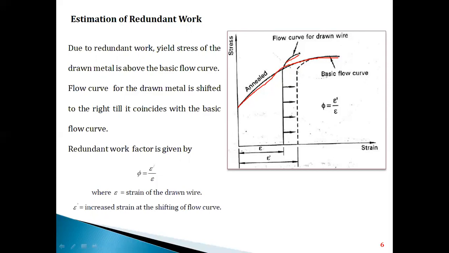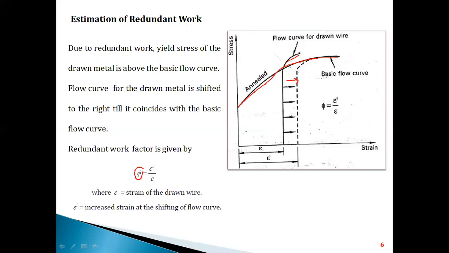If you want to determine the redundant work factor, which is represented by the symbol pi, you should know that the flow curve for the drawn metal gets shifted by some particular distance.